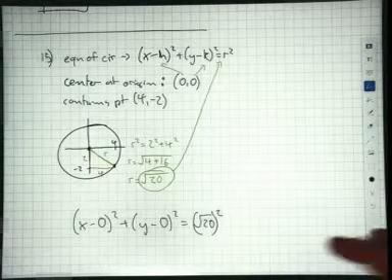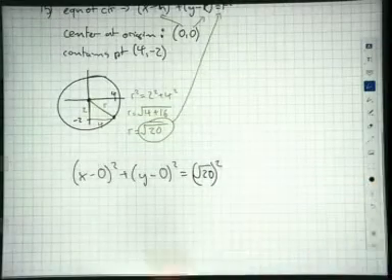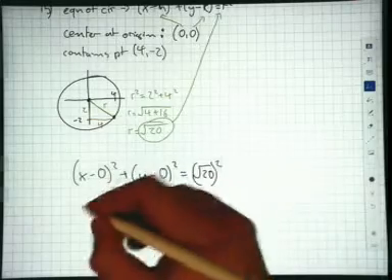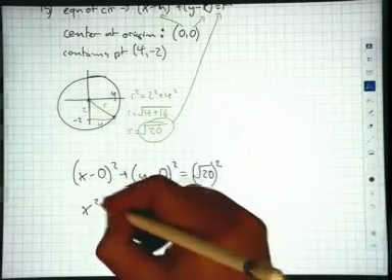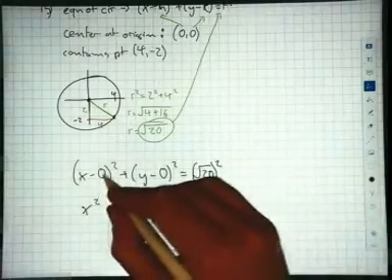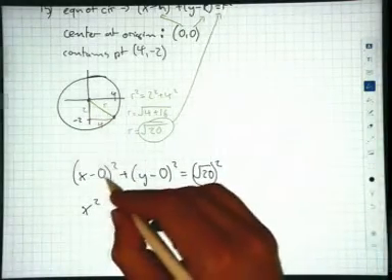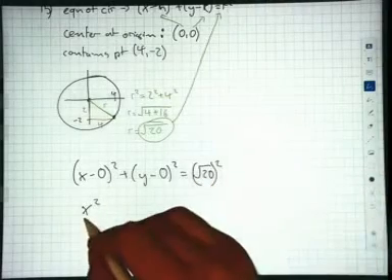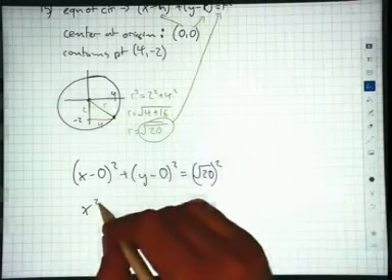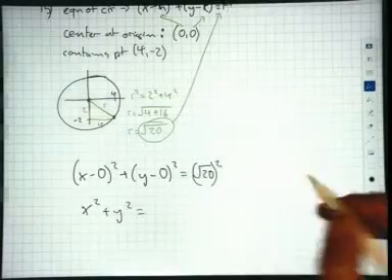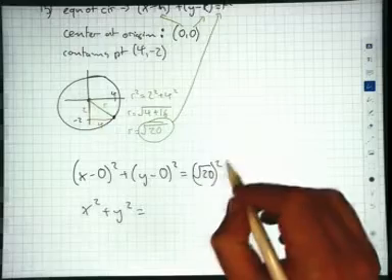And then I would consider simplifying this. Because we're subtracting 0, x minus 0 is just the same thing as x squared. Now, if this was something other than 0, I would leave it as x minus whatever quantity squared, but because we're just subtracting 0, we just say x squared. Same thing for y squared is equal to the square root of 20 squared.